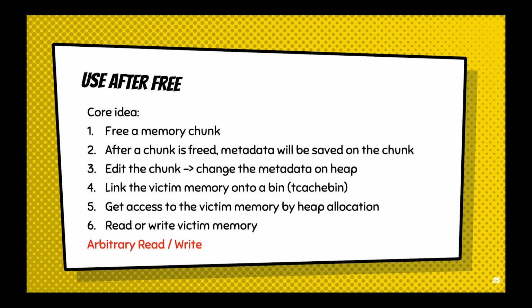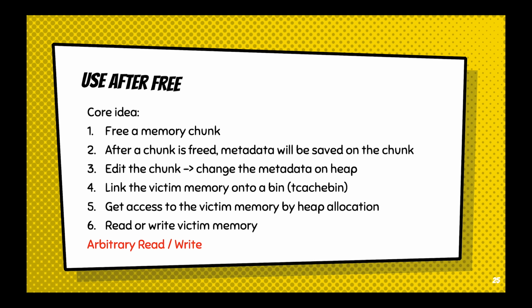In this case, the attacker is not editing the data stored in the chunk, but instead is editing the metadata of the heap that is stored on the chunk. By manipulating the metadata on the heap, the attacker will be able to change the layout of the memory. Furthermore, an attacker can overwrite the content on the chunk so that this free chunk links a victim memory into a bin.